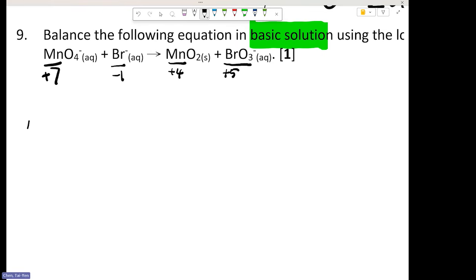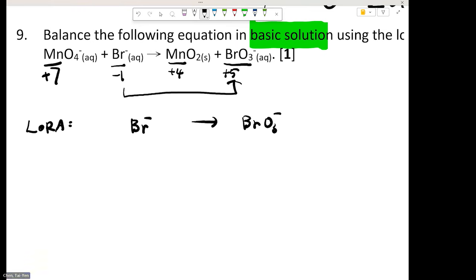So the oxidation is Br minus becoming BrO3 minus, and the reduction is MnO4 minus becoming MnO2. Okay, so that's the first step.